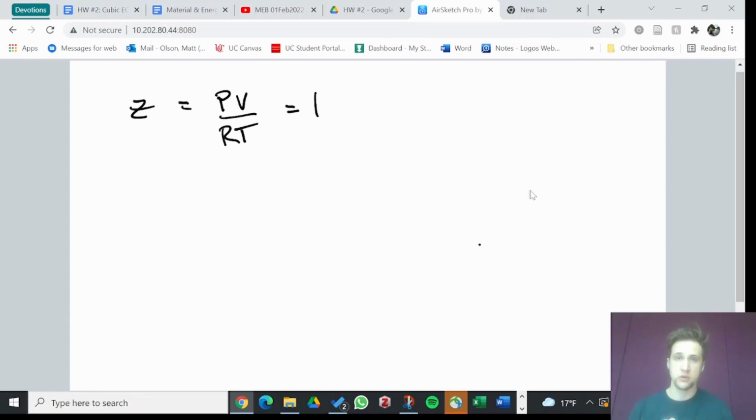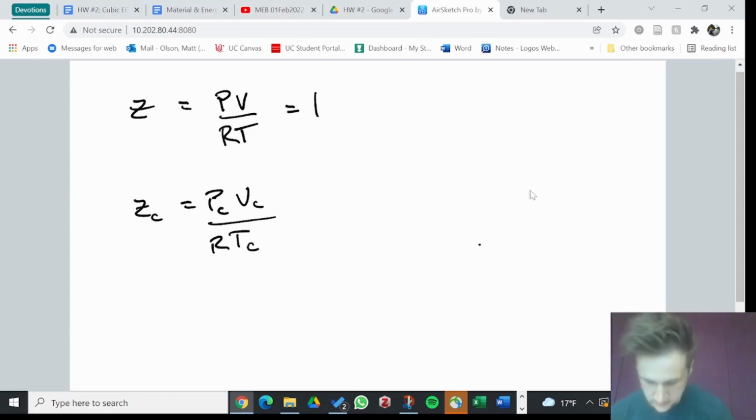What we're solving for here is the compressibility factor at the critical point to allow us to make predictions outwards. We're going to go ahead and solve what is the compressibility factor at the critical point.